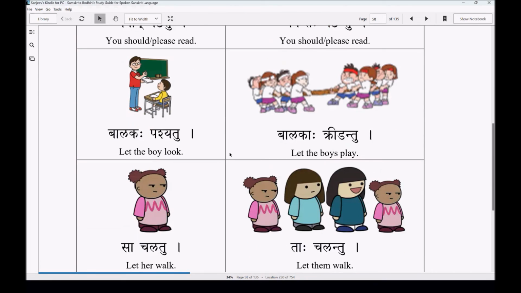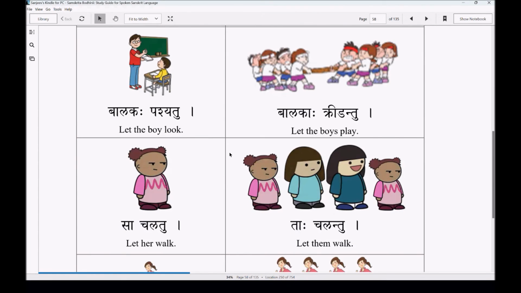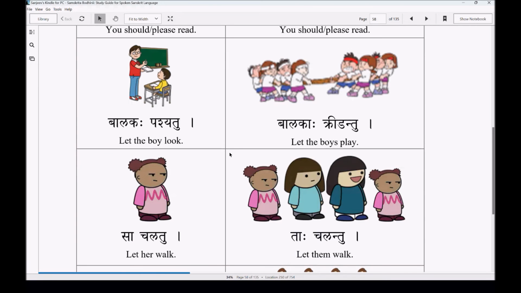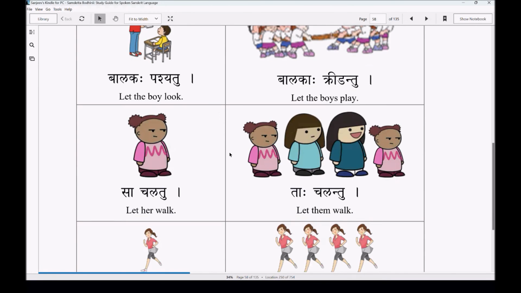Other thing: in many Indian regional languages, to show respect, the bahuvachana form is used, like for teachers, elders, older or respectable people. The bahuvachana noun and similarly the kriyapada is used, but not in Sanskrit.